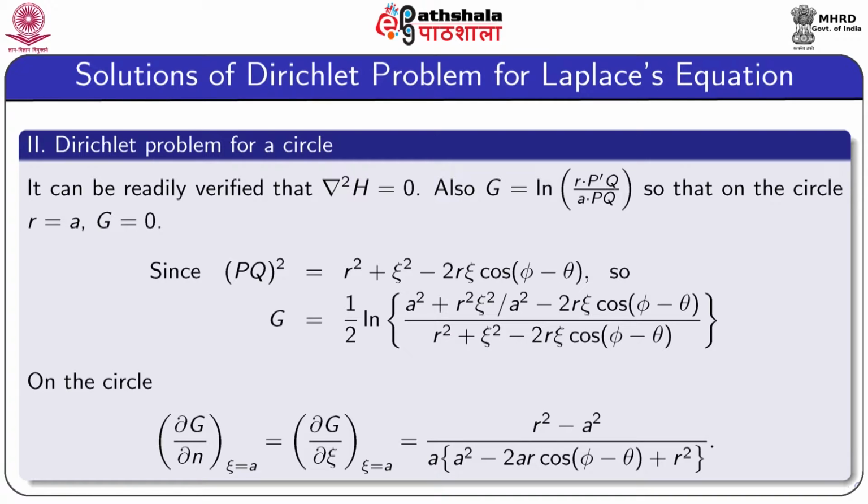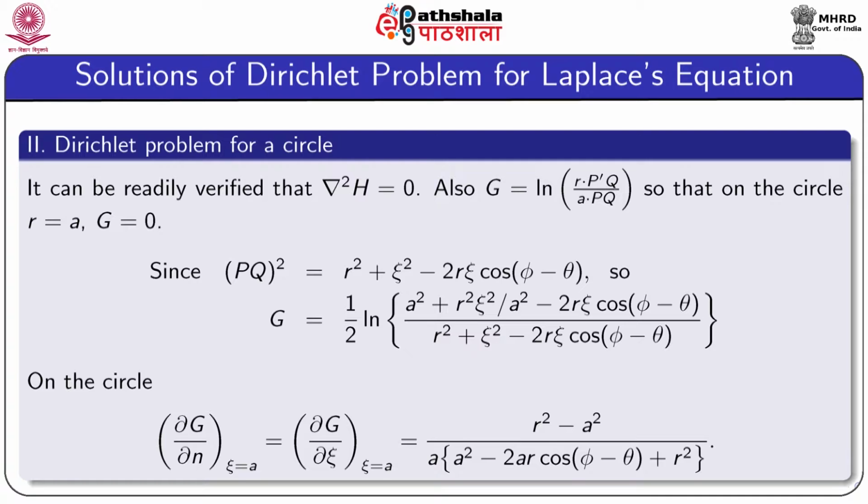And with this choice of H, the expression for capital G becomes log of r P dash Q by a into PQ. And you can check that on the circle, that means for r equals to a, the expression for G becomes G equals to log of r.